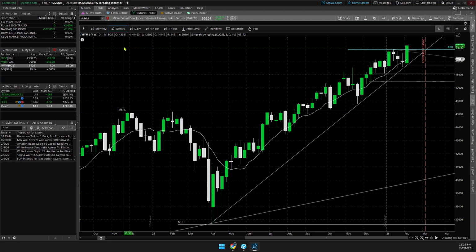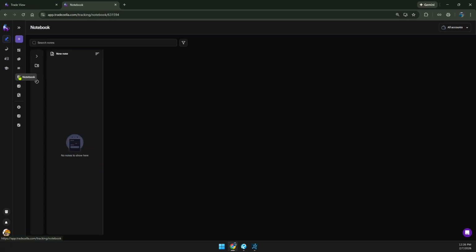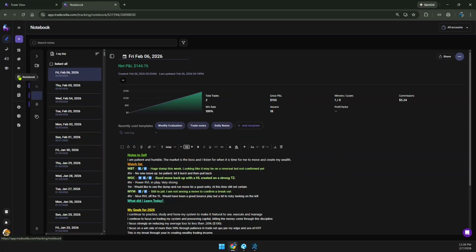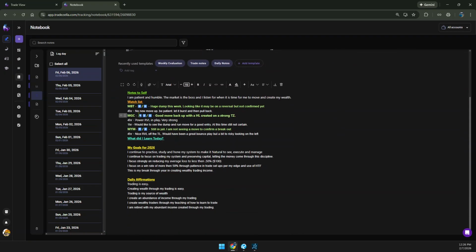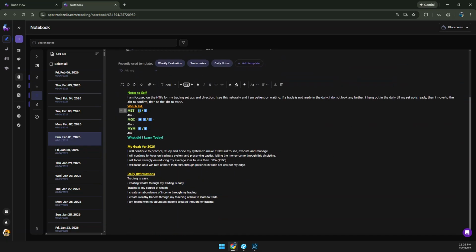Every morning before I trade, I go through and look at this, which I have marked out. Let me give you a good example. This is what I do every morning. On Sunday, I set these: the first one is the monthly, the second one's the weekly.